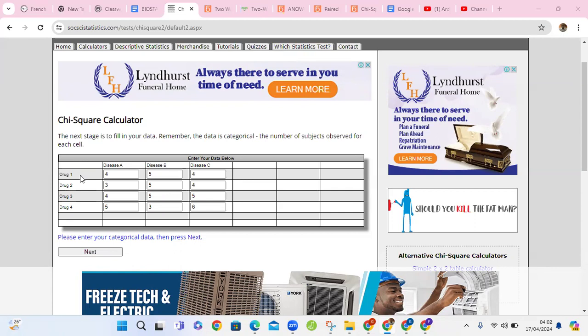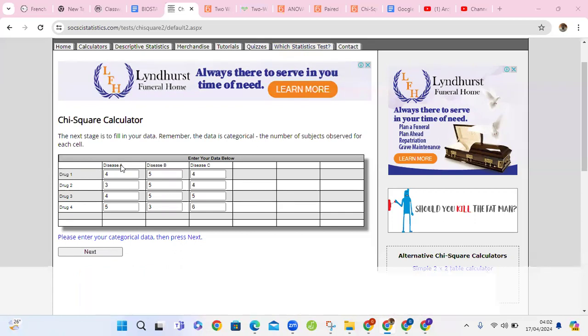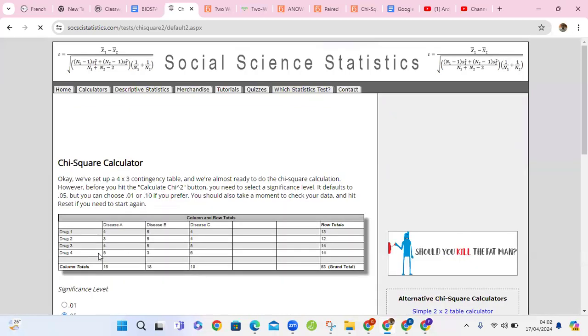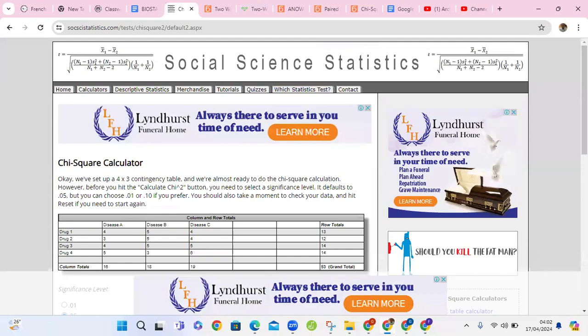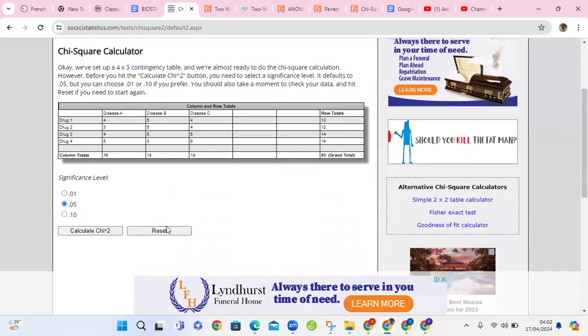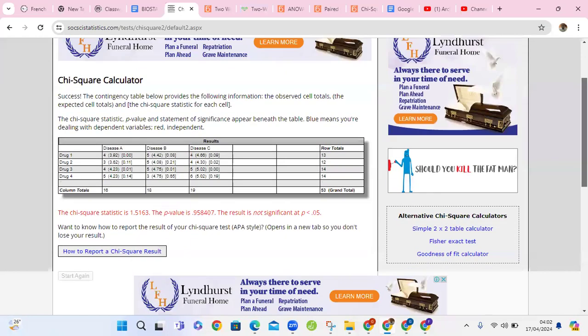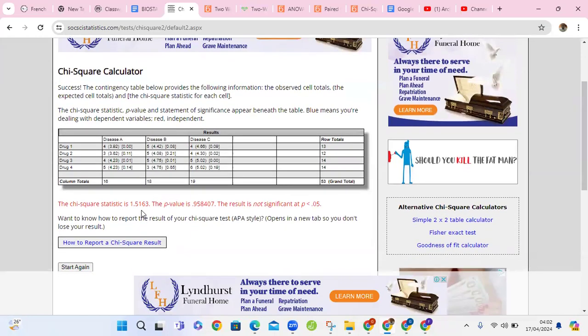For example, 4 patients had drug 1 and this is A, and so forth. Next, our significance level, we leave it at 0.05. And calculate chi-square. We have a test statistic of 1.5163 and the p-value is 0.95847. So that's pretty high.